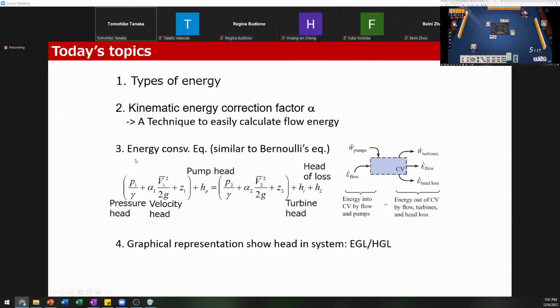And also, you did lots of exercises for energy conservation equations, which are similar to Bernoulli's equation, with pressure head, velocity head, potential head, pump head, turbine head, and head loss. And lastly, you covered the graphical representation of head in a system, EGL and HGL. That's all for today's lectures. Do you have any questions?